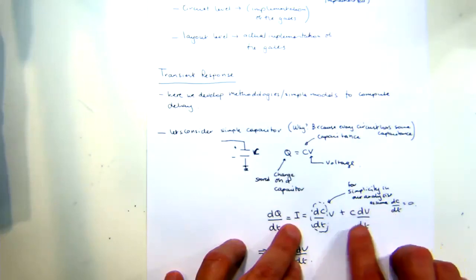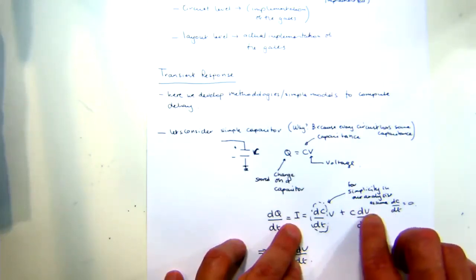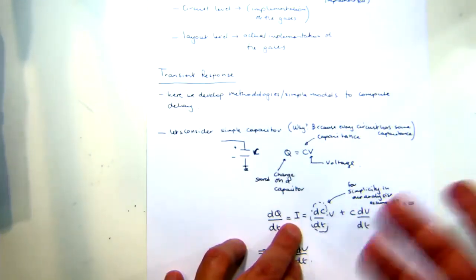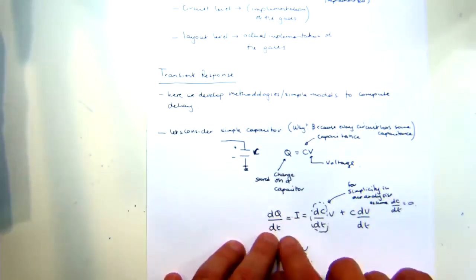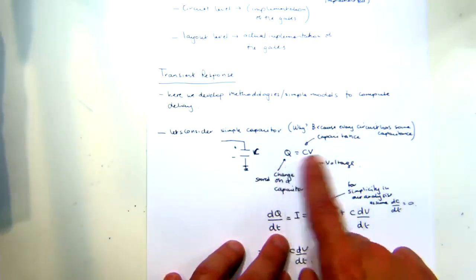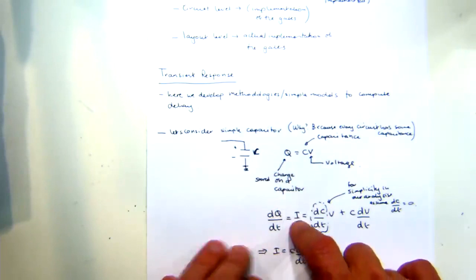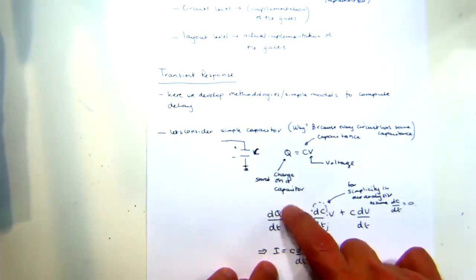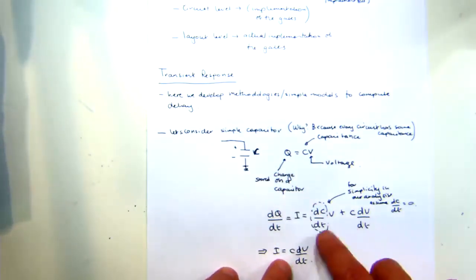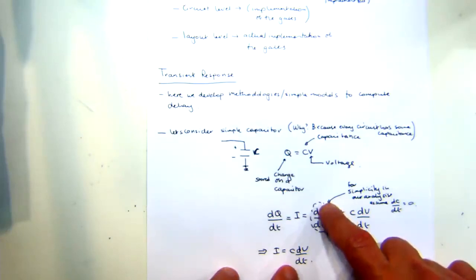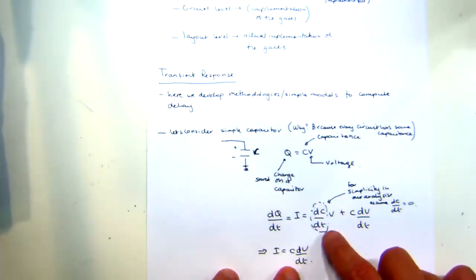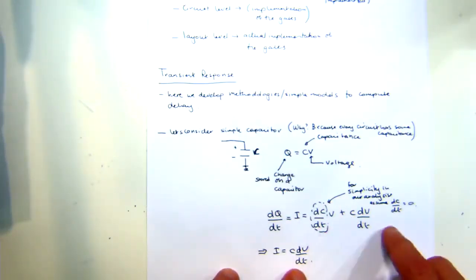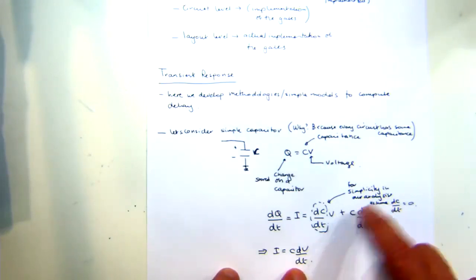Now, you've probably seen this as I equals jωCV, right? That's how you've seen it. But all this is doing is differentiating this quantity with time. The rate of change of charge is actually current. I'm assuming the capacitance doesn't change with time, and the only thing that remains is C dV/dt.